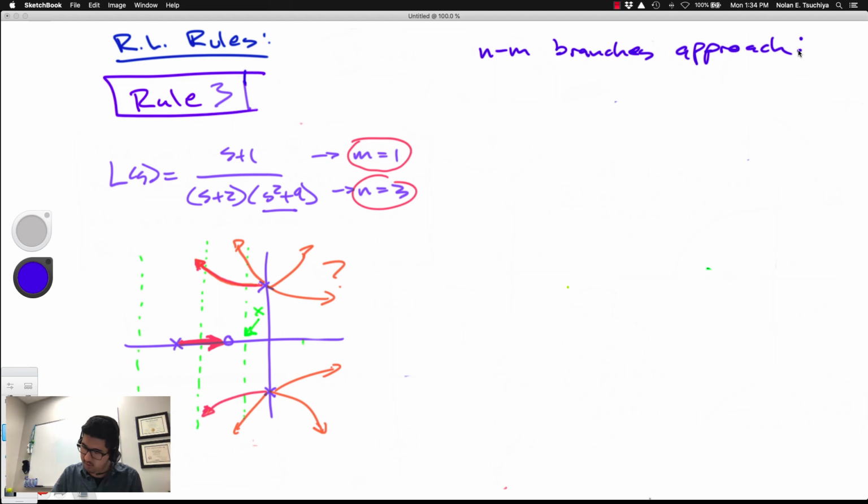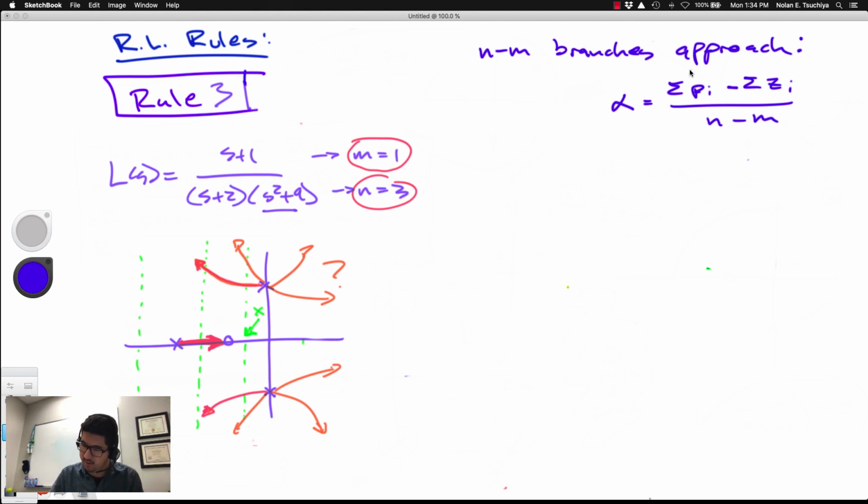Okay, and the asymptotes are defined by alpha, which is basically the point on the real axis from which these asymptotes originate. And you find alpha by adding up all of the poles, subtracting from it the sum of all of the zeros, and dividing by n minus m.